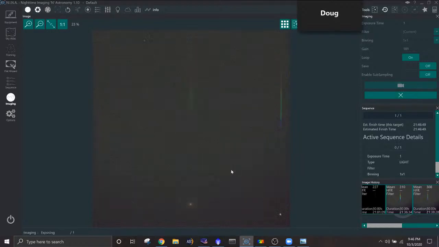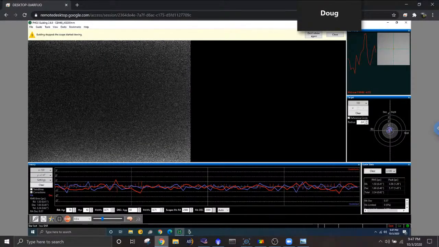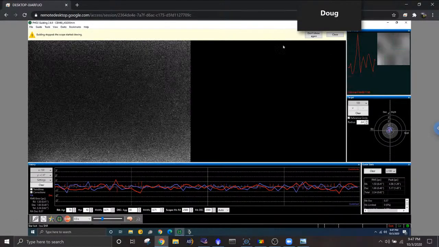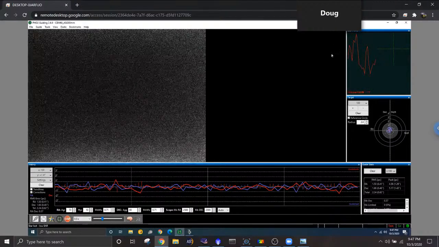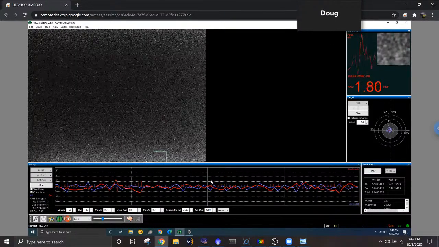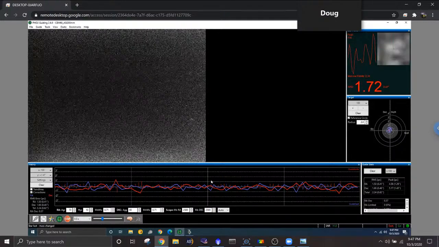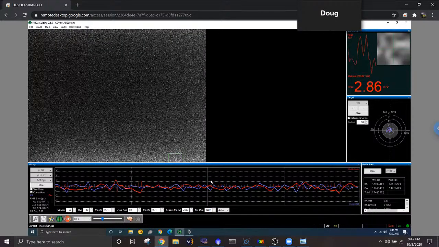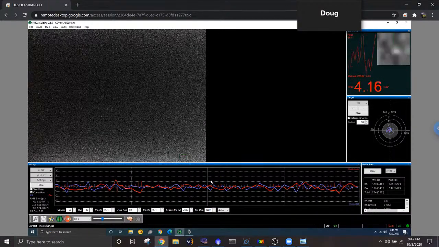We're almost there. Okay, we're at M32, got it. Now I have to find a guide star. Nothing.